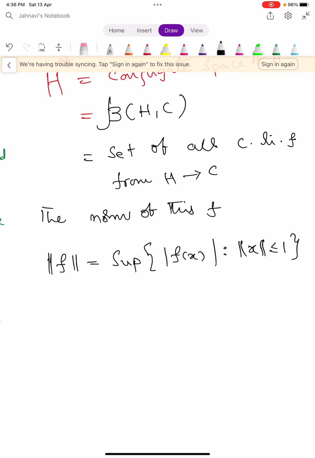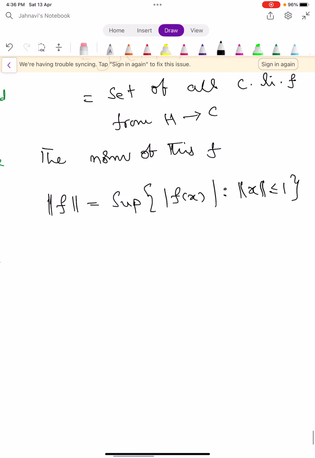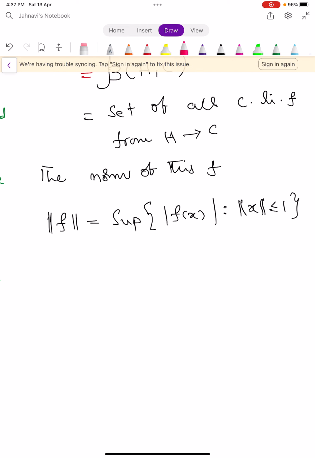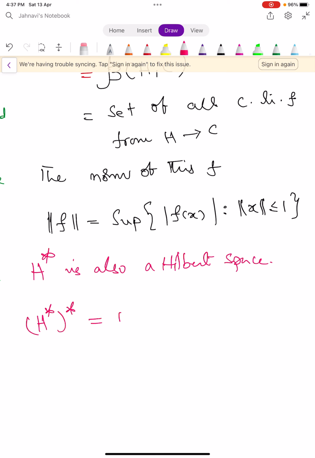Consequently, remember that the conjugate space H star is also a Hilbert space. It satisfies the Hilbert space properties. And the space H star power star, which is nothing but H double star, is called the second conjugate space of capital H.